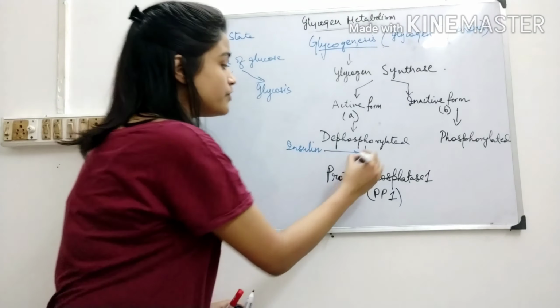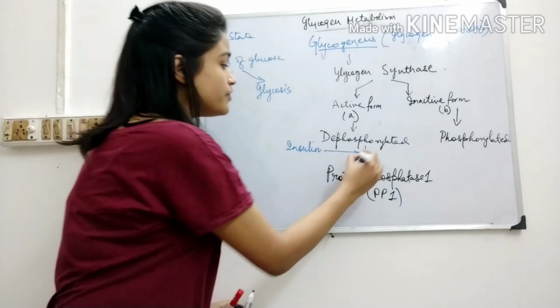So insulin will cause the activation of this enzyme. So better I write it here. Plus means it is activating this enzyme phosphatase, and we know this phosphatase enzyme is involved in removal of phosphate. Like kinase, its activity is to add a phosphate group, phosphatase is to remove a phosphate group.